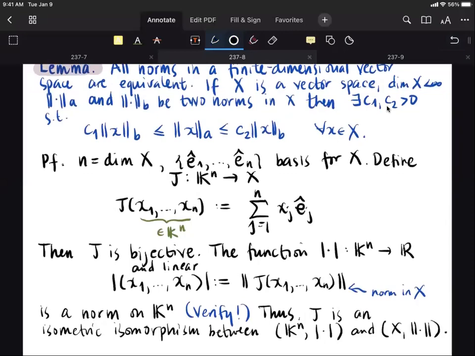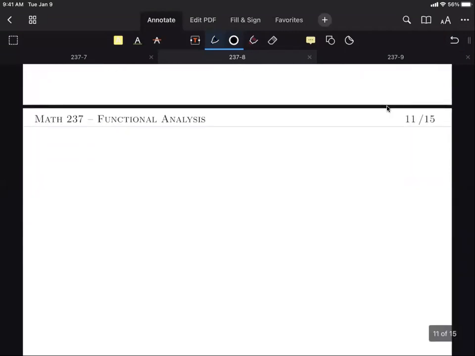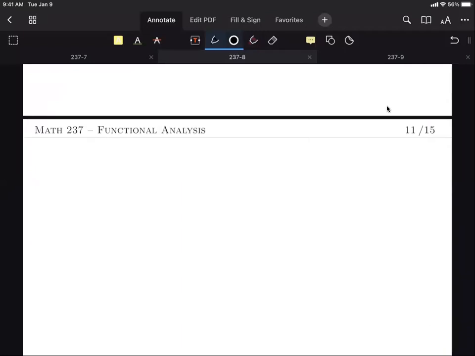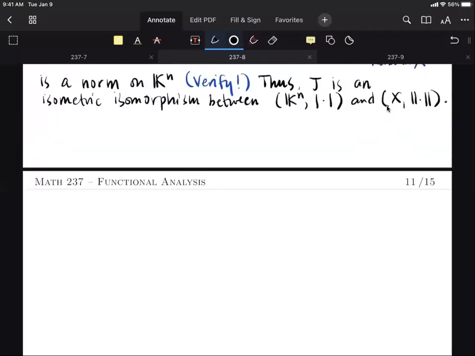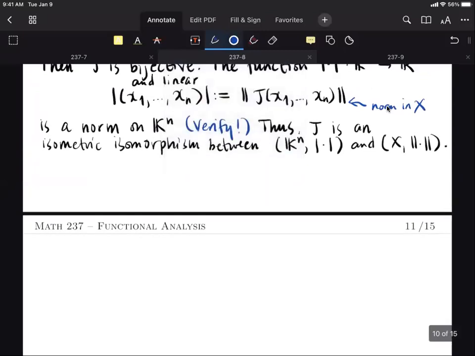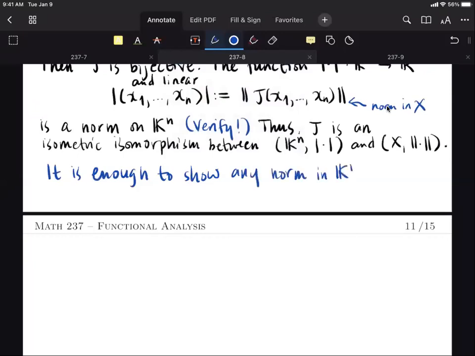So here we defined the norm via this map J. And let me give you the idea why it is sufficient to show that any norm in K^n is equivalent to the Euclidean norm. Let us denote the Euclidean norm by a subscript 2.